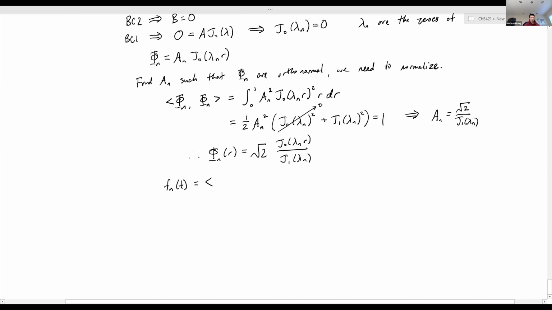The values of the coefficients in front of our basis functions are evaluated by the inner product of our original function and the basis functions. And that is defined by this.